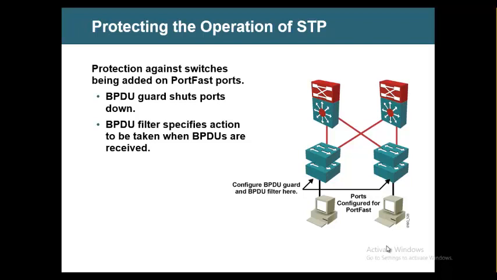See, BPDUs are important to prevent loop, but BPDUs are not expected on the access ports. BPDUs are expected only on those ports that connect to another switch. Only switches can send them, I told you.